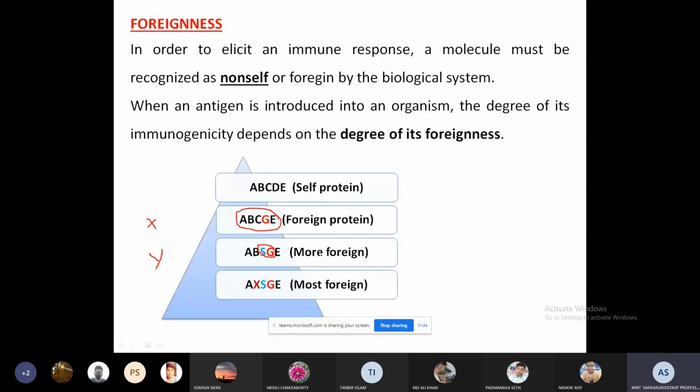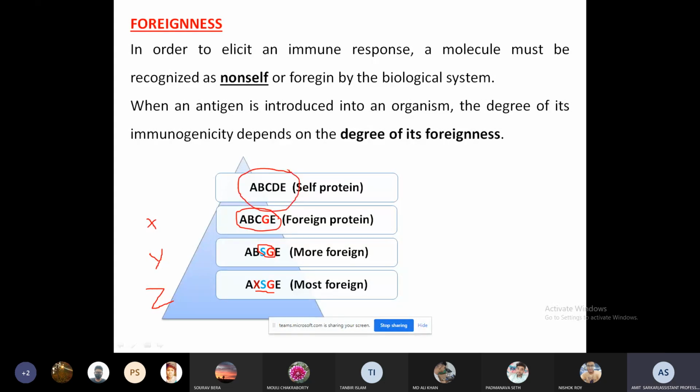Then another organism Z has a combination of A, X, S, G, E, say for example. So out of the 5, 3 amino acids are changed. We can call this the most foreign protein, this a more foreign protein, and this just a foreign protein with respect to our self protein.